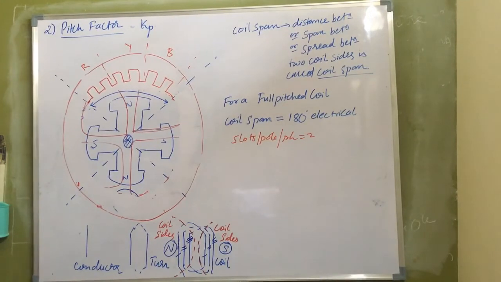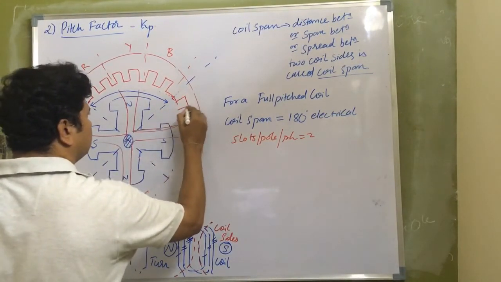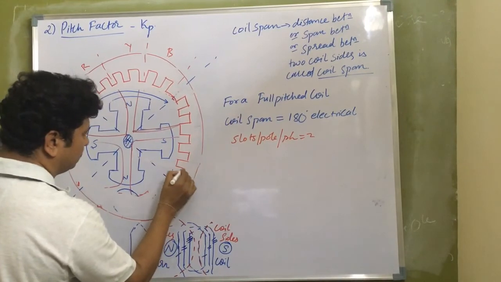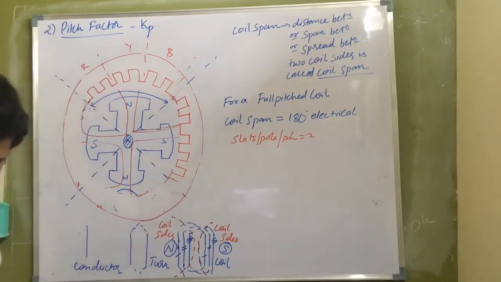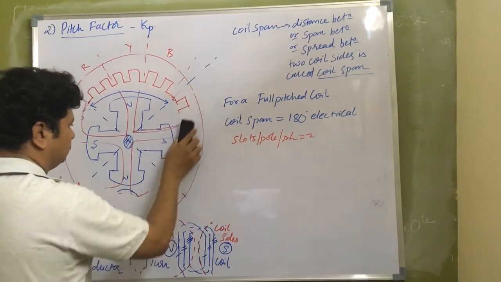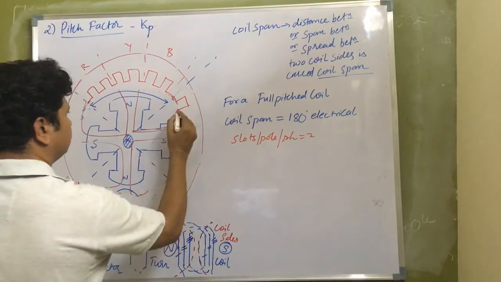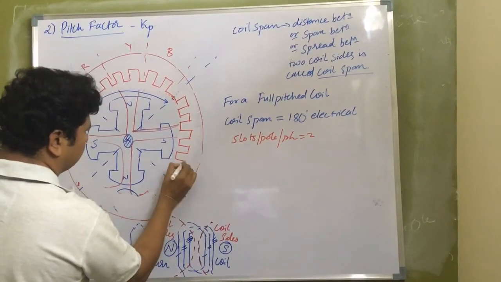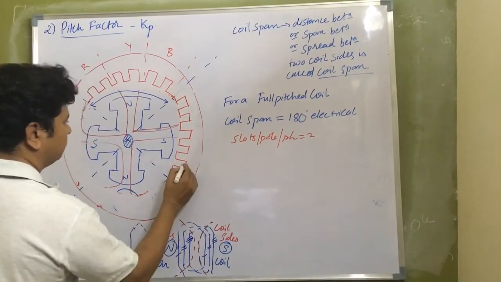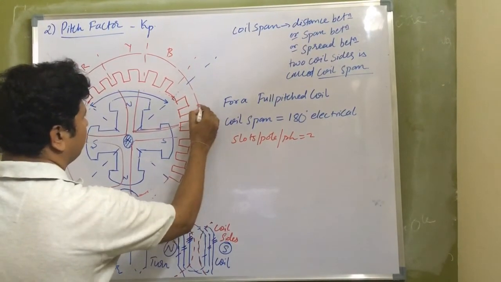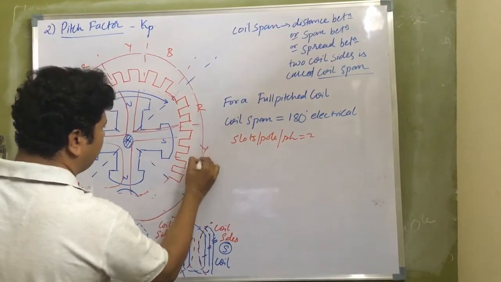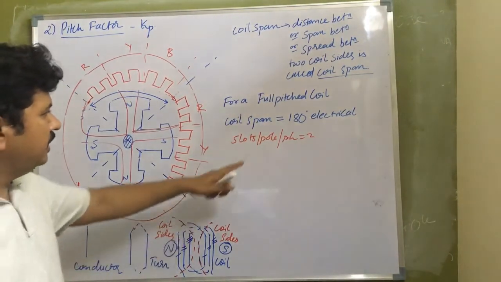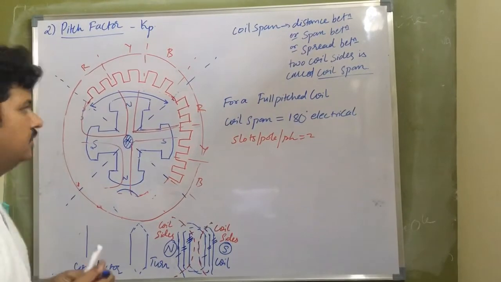Likewise I get 6 slots here. So these 2 slots are for R phase, these 2 slots are for Y phase, these 2 slots are for B phase.